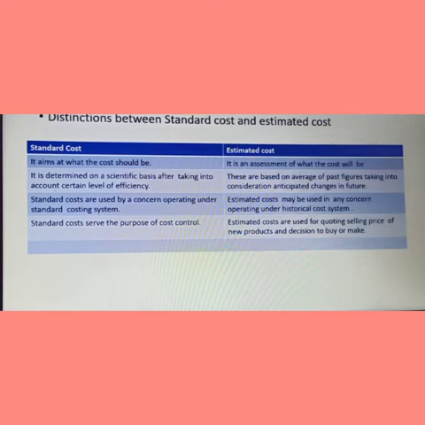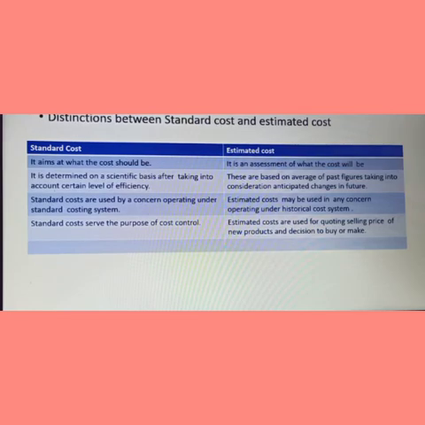Then estimated cost. Cost computed in advance of production based on past cost and factors affecting such cost is called estimated cost. Distinctions between standard cost and the estimated cost. Standard cost aims at what the cost should be, whereas estimated cost is an assessment of what the cost will be. Standard cost is determined on a scientific basis after taking into account a certain level of efficiency.